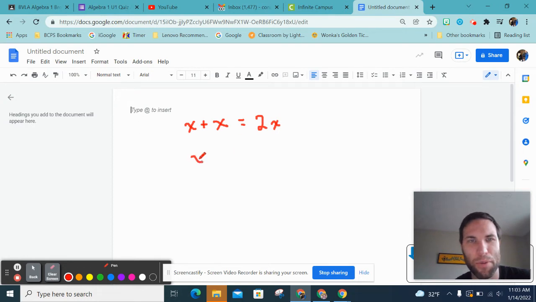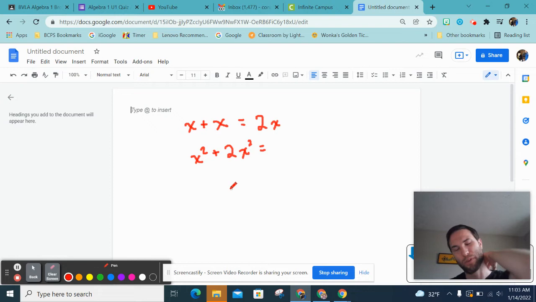If you had, for example, x squared plus 2x squared, now you have these exponents of x squared, or the exponent of 2. What you would do is apply the same principle.